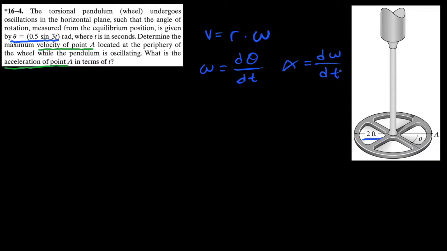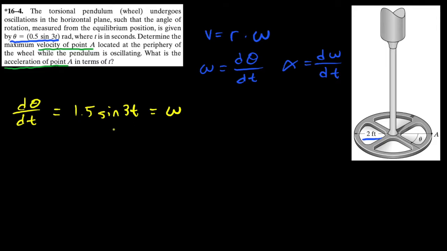So now let's start solving this problem. First, let's take the derivative of theta, which gives us 1.5 sine 3t, and that will be our angular velocity with respect to time.